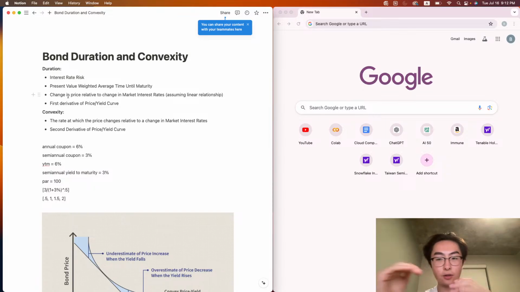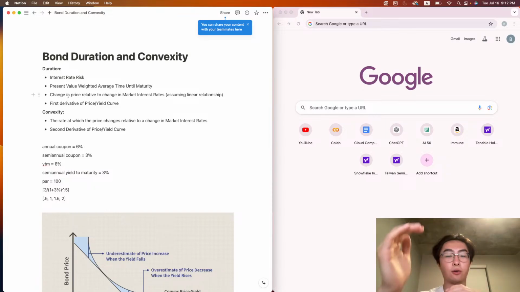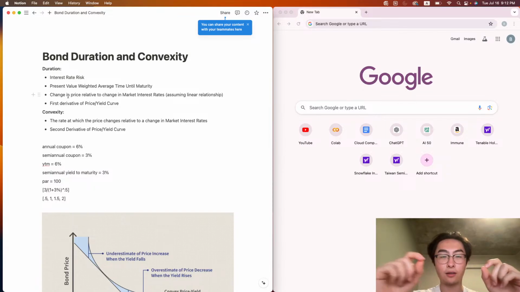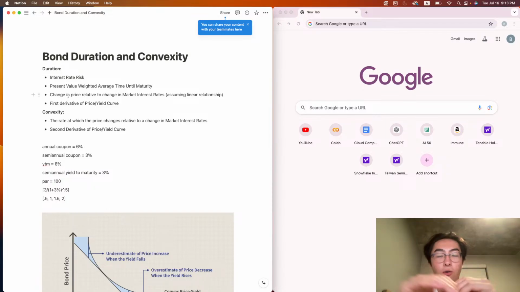If your interest rates fall, then your price is going to rise. You can think of it as, if your interest rates fall, the discount rate gets smaller. So if your discount rate gets smaller, then the opportunity cost, or the risk-free rate, the actual return that you would get for investing in a treasury bill, is less.